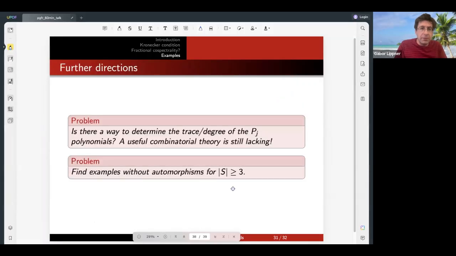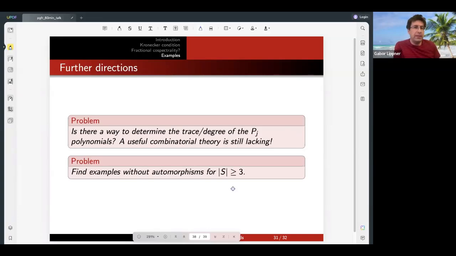Okay, so I'll finish by asking my favorite question. The whole theory relies on finding these relative minimal polynomials of given vectors, and then finding the trace and degree of these polynomials. And we don't have a good way of doing that.